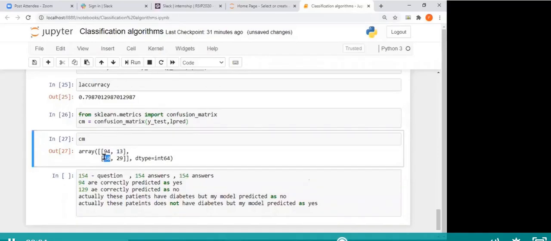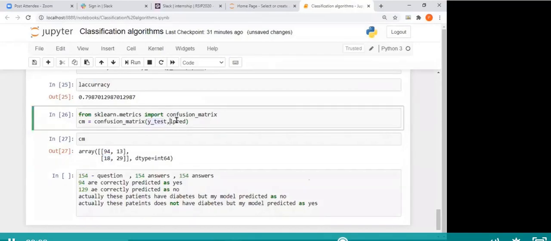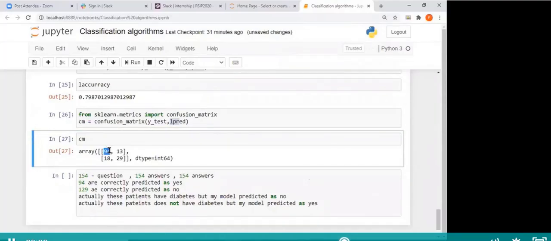So whenever you compare your y_test and lpred, this confusion matrix has given this data, where 94 are correct predictions as yes, 29 correct predictions as no, 13 are actually yes but my model predicted that these people do not have diabetes.